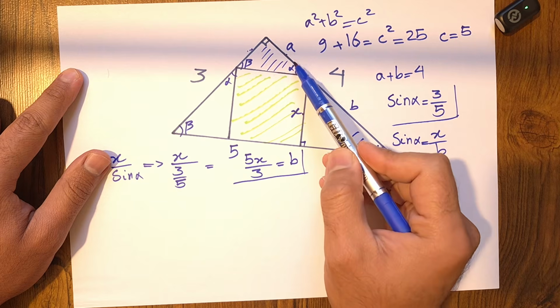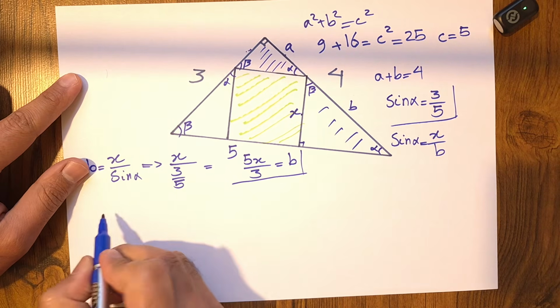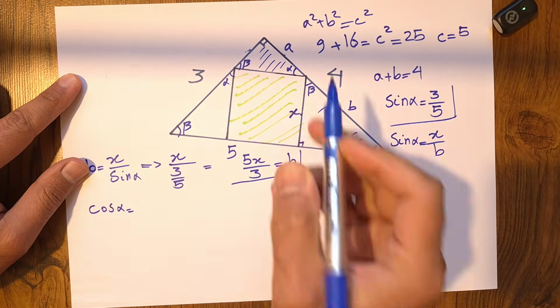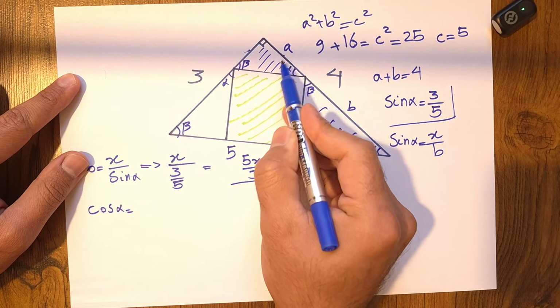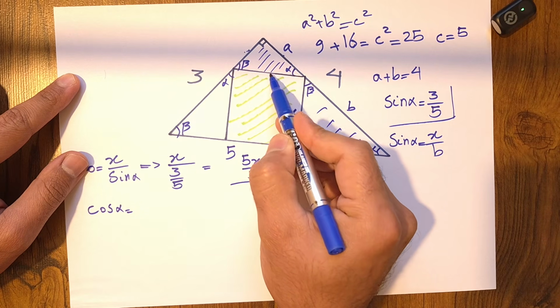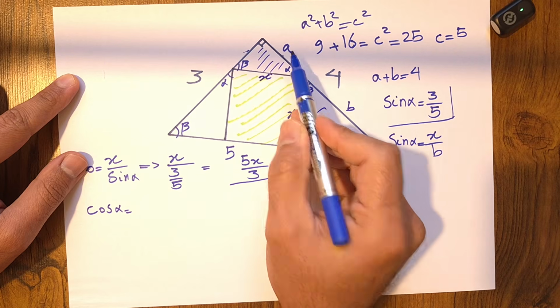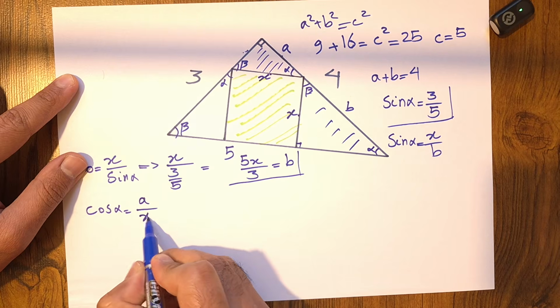So in this little triangle, we need the cosine. What is the cosine of alpha in this little triangle? The cosine of alpha is adjacent over hypotenuse. The hypotenuse is x, which is the side of the square, and a is the adjacent side. So a over x.